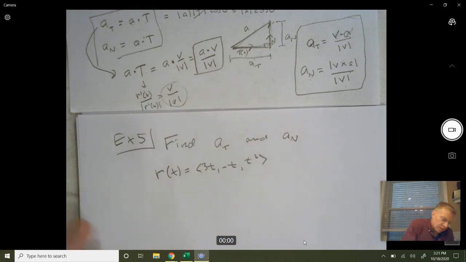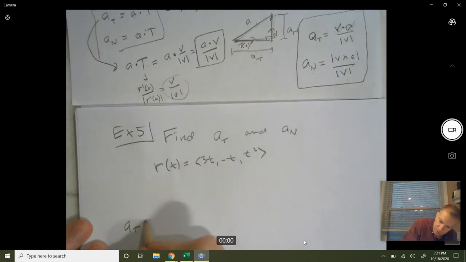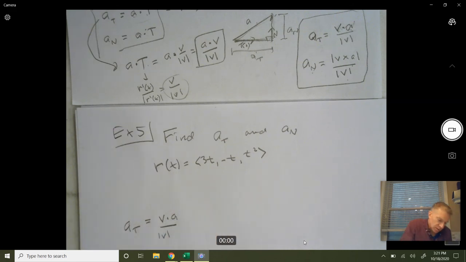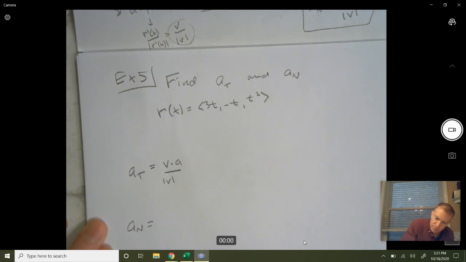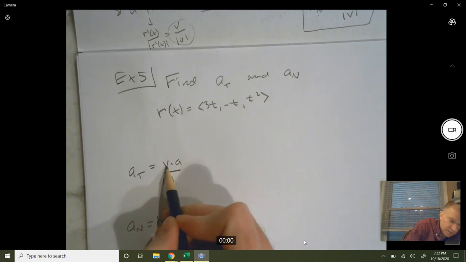Remember what we're doing here. The tangential component of acceleration is going to be v dot a over the magnitude of v. The normal component of acceleration is going to be the magnitude of v cross a over the magnitude of v.